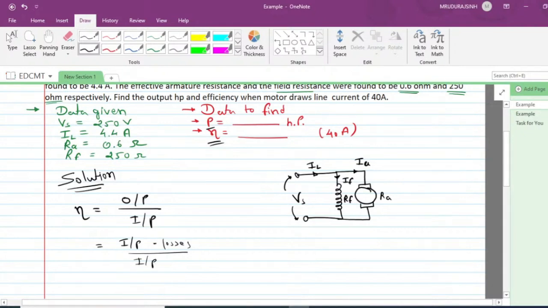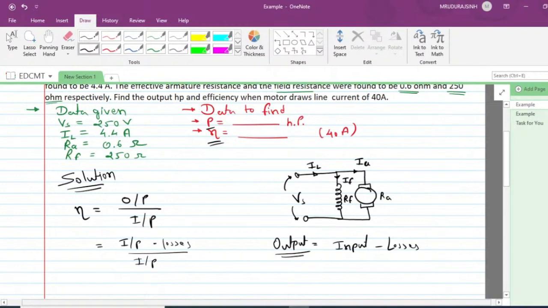So this is the way by which you can calculate the efficiency. And if we want to calculate the output, we can write input minus losses. There are two types of loss, right? So we can calculate output using this equation. Output is equal to input minus losses.